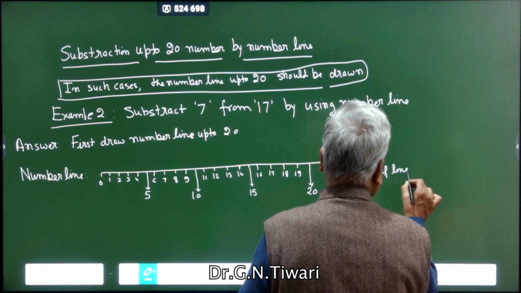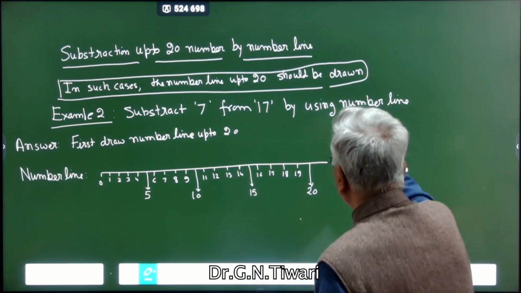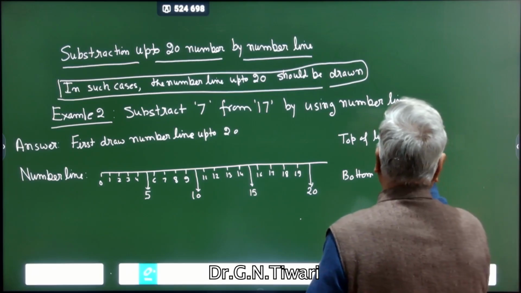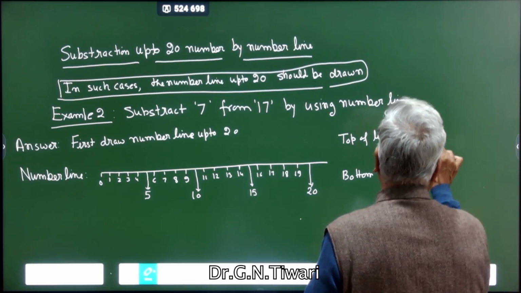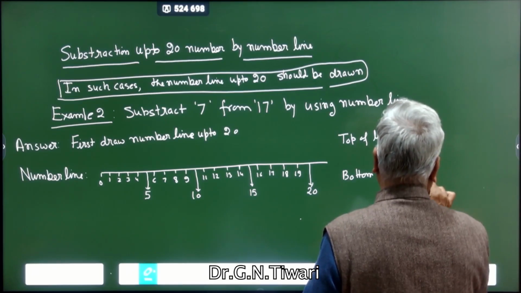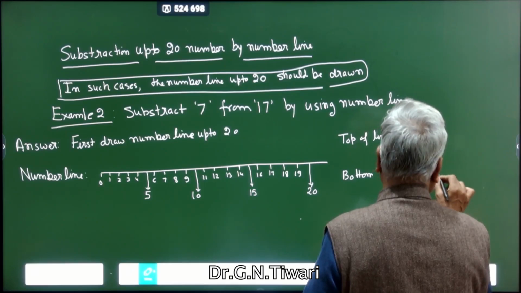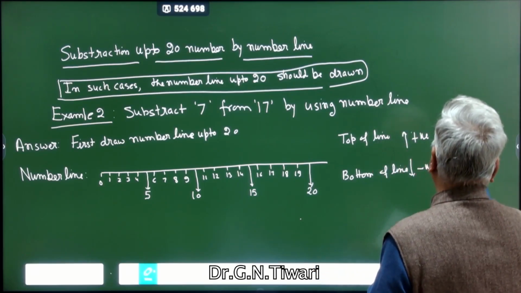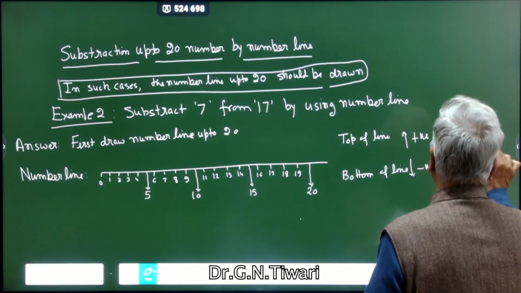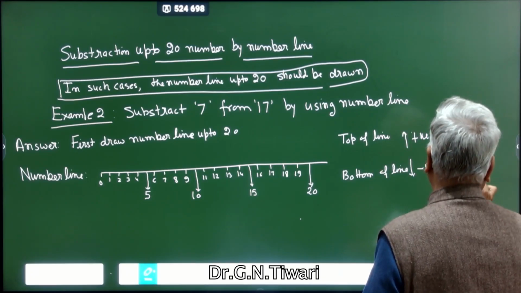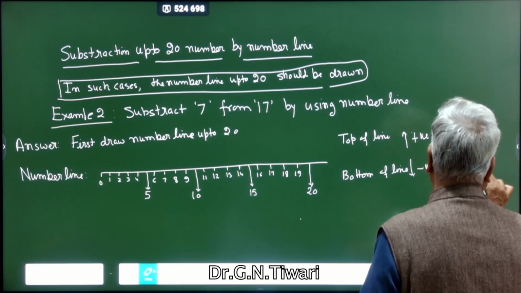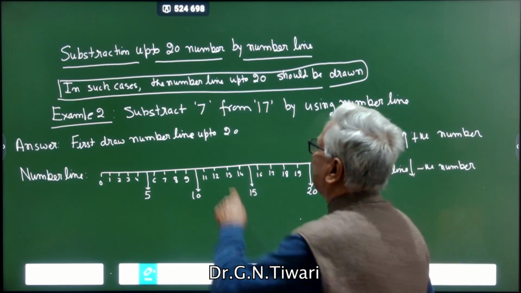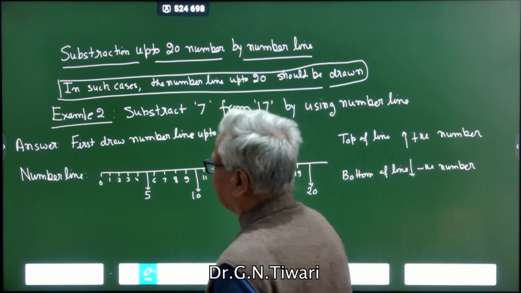Line means number line. Also you can say this is positive and this is negative. Here, what is the positive number? The positive number is 17, the negative number is 7.